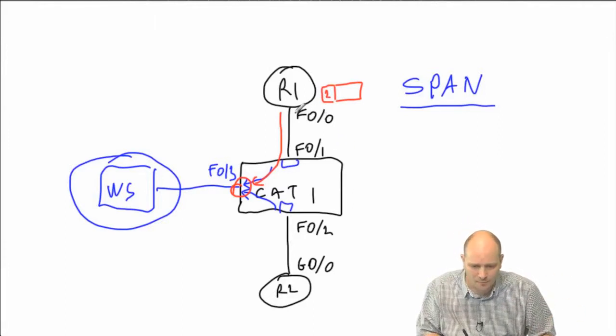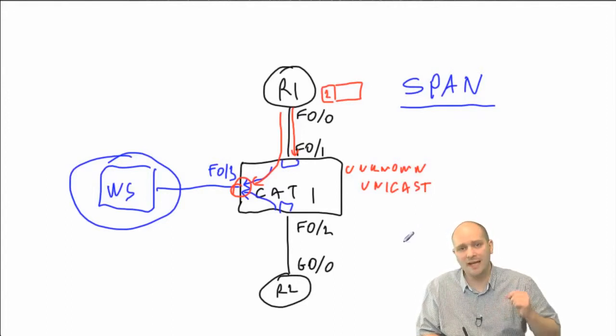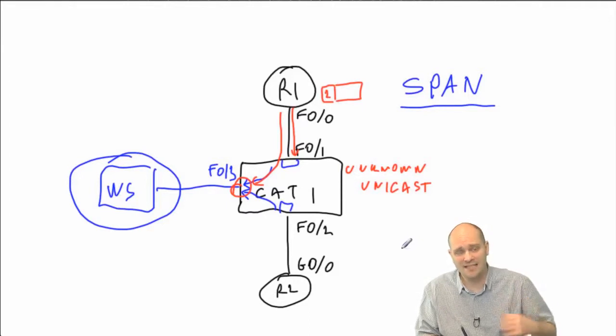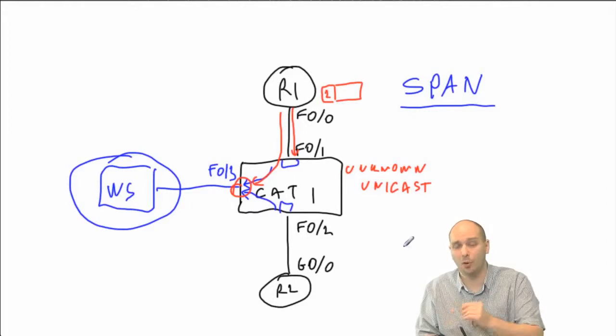So when this frame arrived on FastEthernet 0/1, this was an unknown unicast frame as far as the switch was concerned. What is an unknown unicast? It's a frame that has a destination MAC address that is not known in the MAC address table of the switch.